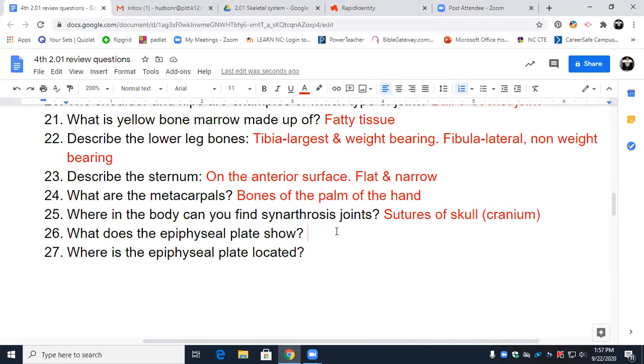If a child is still growing. I'm going to leave it here for a second because as soon as I start on number 27, it's going to scroll down.